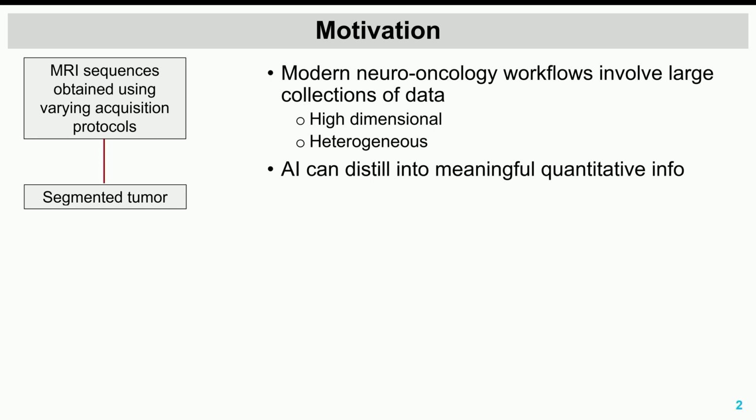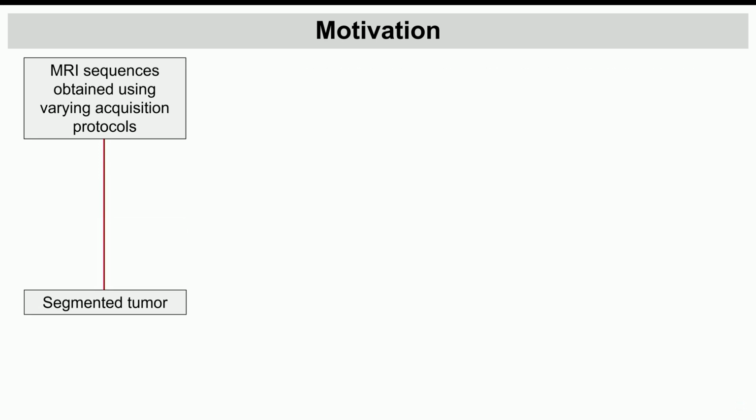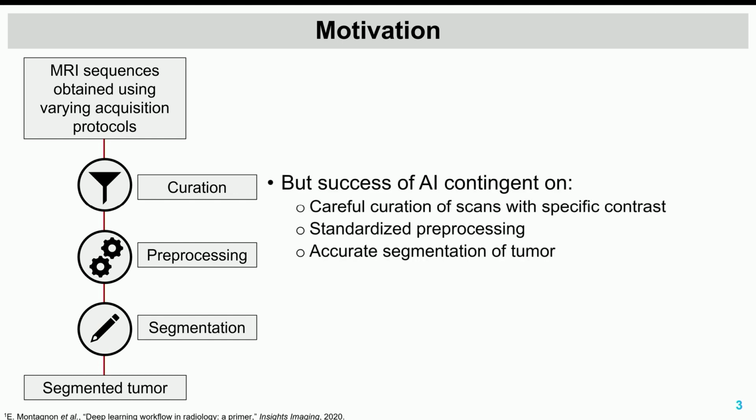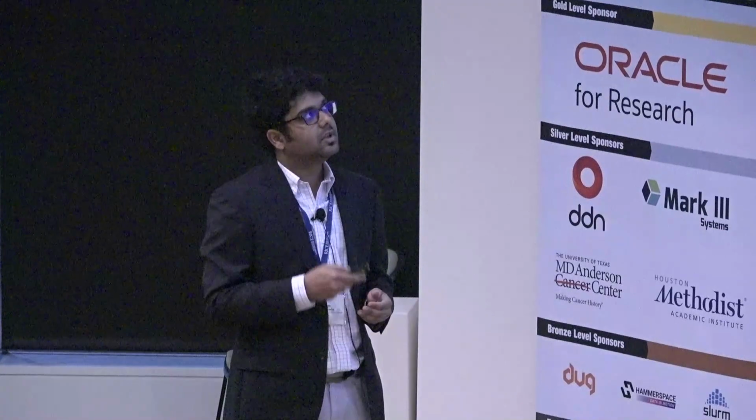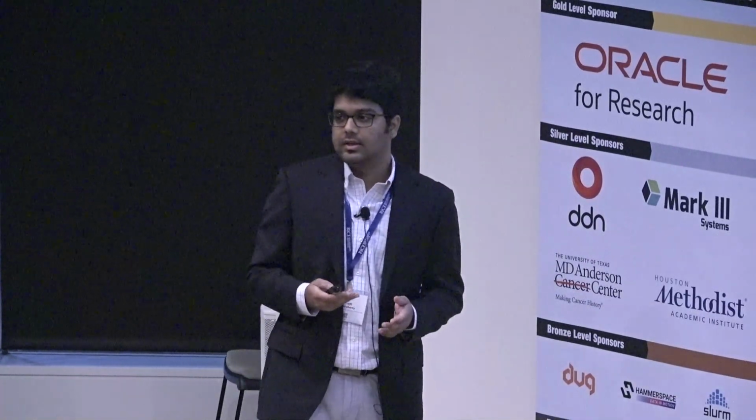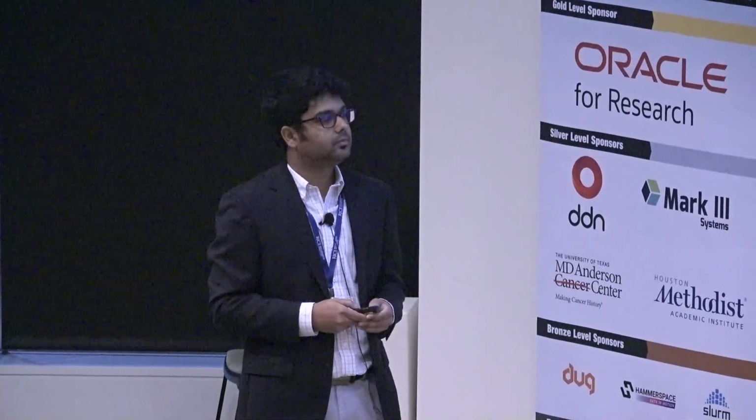But even though this path looks very straightforward, there are multiple intermediate steps that are essential for the success of these AI models. These steps are curation. We need to curate the data so that we get scans of specific contrast properties. We need to pre-process the data in a standardized way. And we also need to accurately segment the tumor.